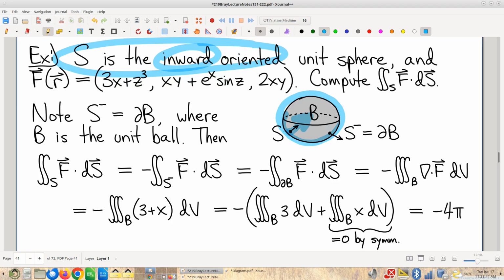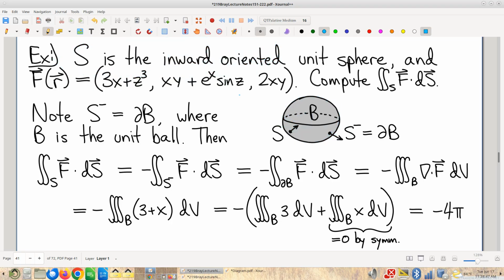The orientation's wrong. But we're going to use the same little trick we pulled previously, which is that it sure does look an awful lot like this other surface oriented outward, which is a boundary. And the only difference is the orientation is different. Right, so we used a morally equivalent trick back when we were doing Green's theorem.